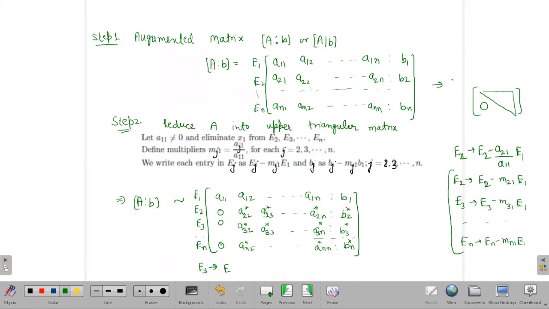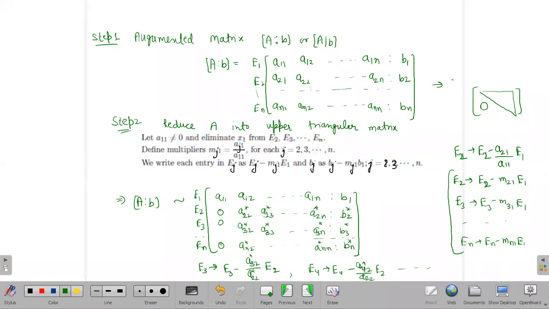So E3 minus, again you have to divide by A22, sorry, A22 and multiplied by A32, then multiplied by E2. This is the operation which will make this element 0 only. And here E4 minus A42 divided by A22 into E2.